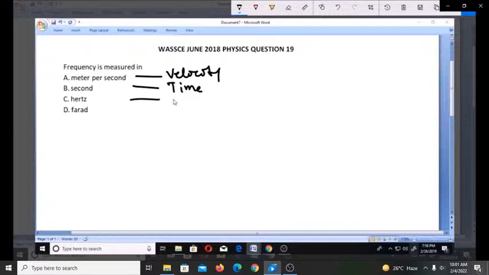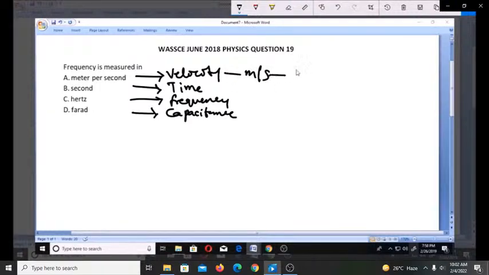Hertz is the unit for frequency. And farad is the unit for capacitance. So these are the various units for these various quantities in physics. So whenever you hear meter per second, it is simply the unit for velocity or speed.